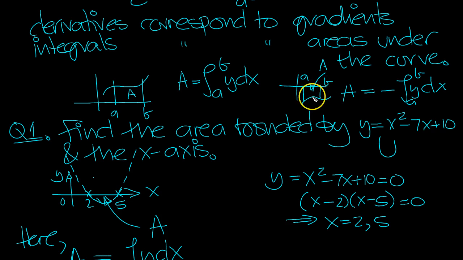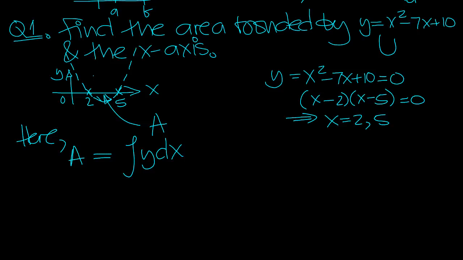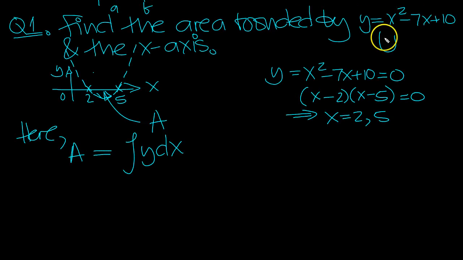So that's a new bit of bookwork. If it's above, the integral value is positive, and if it's below, because the y's are all negative, this value itself will be negative. Areas are always positive, so you have to put a minus in to make the whole value positive. So if ever you get an area coming out as negative, you've probably not noticed the fact that it's under the axis.